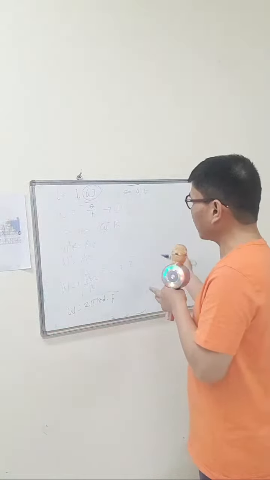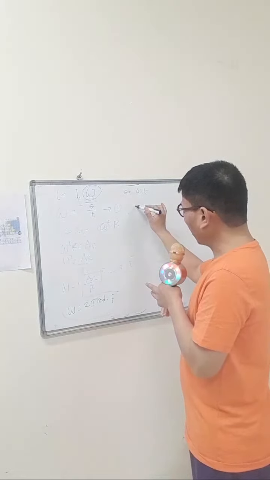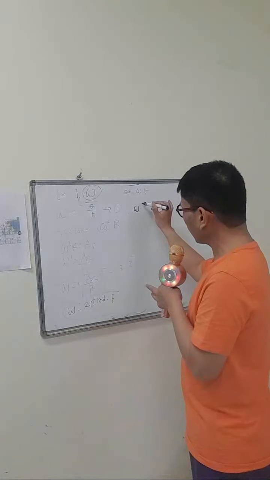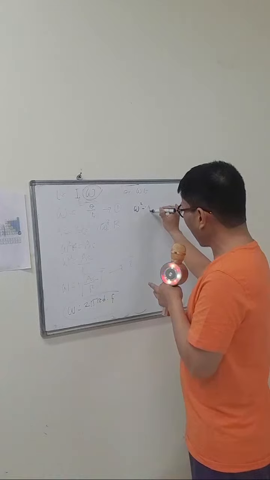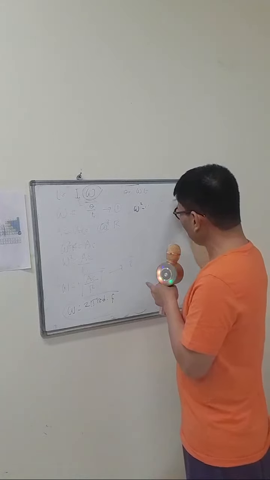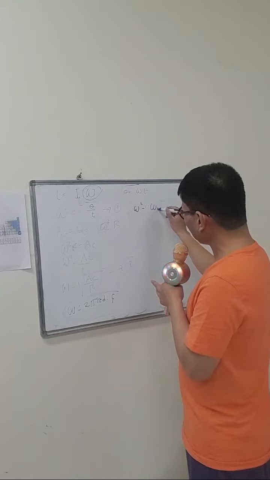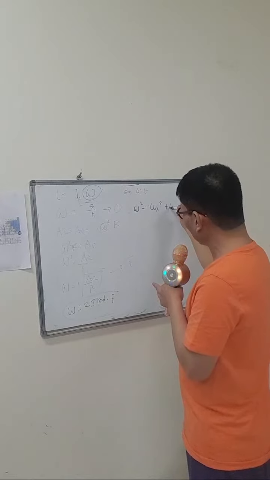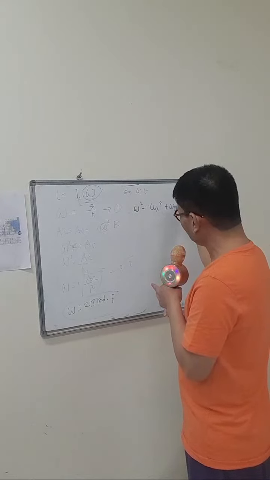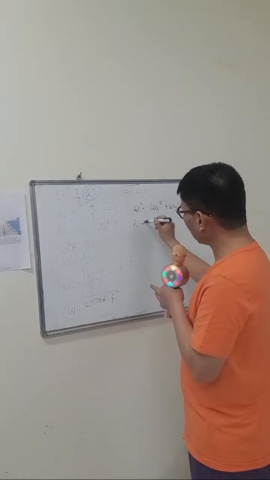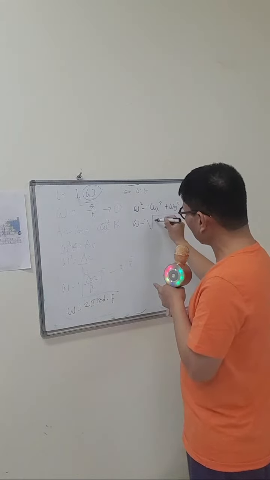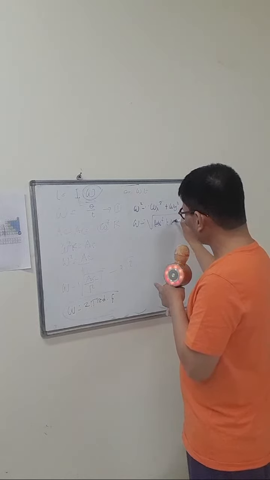So I will say also that angular velocity squared is equal to the angular velocity in the x component raised to the power 2 plus the angular velocity in the y component squared. So angular velocity is the square root of the angular velocity in the x component squared plus the angular velocity in the y component squared.